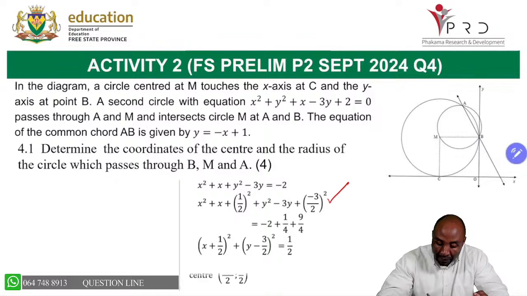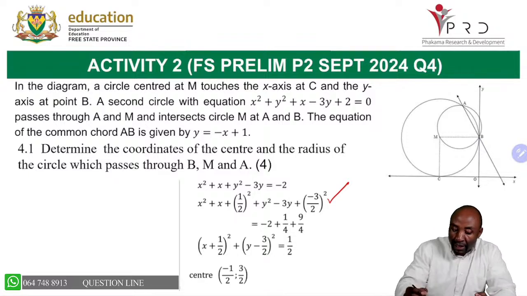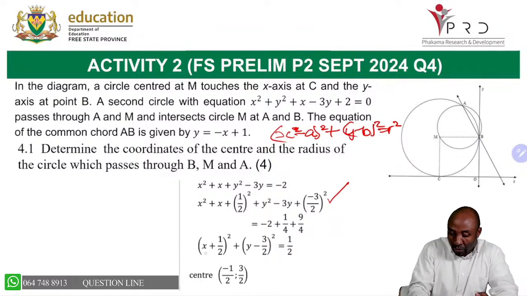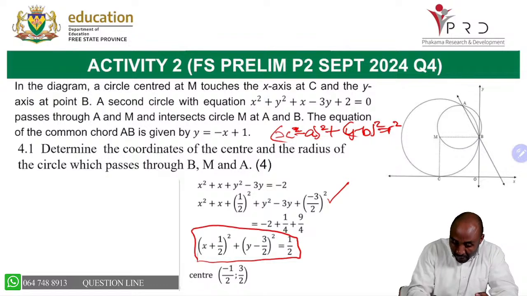We know that the equation of a circle is x minus a squared plus y minus b squared is equal to r squared. So we have written it in that form here. That's our standard form.